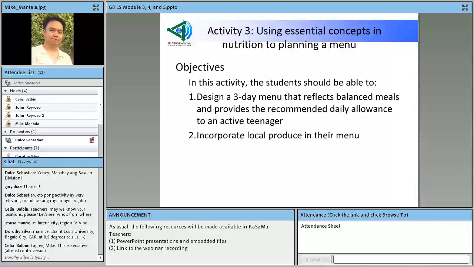Merong acronym dyan, ang DOH, they call it MOVABA. Eat in moderation, eat balanced meals, and eat a variety of food. Tingin ko yata kan yung variety of food, tapos balance yung third, MOVABA.